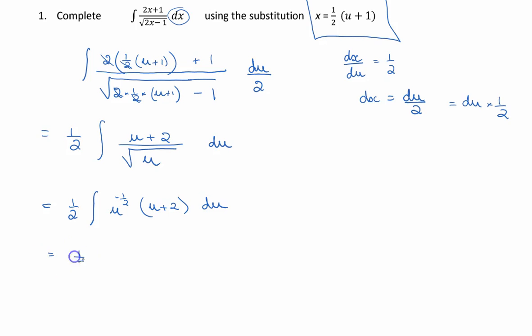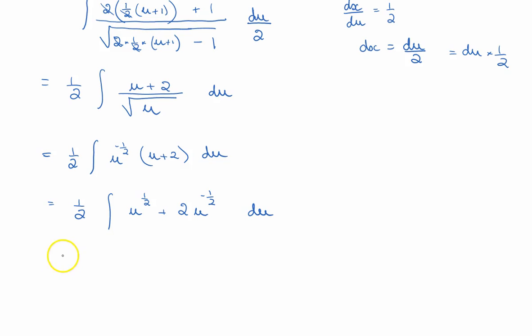And then what can we do? We can expand that bracket because we don't integrate a product. But we can multiply this in, u to the half times u to the 1, multiplying them, we add the indices, so that's u to the half plus 2u to the minus a half. And we need to integrate that with respect to u. They're 2 terms that we can integrate. Add 1 to the index, divide by the new index.